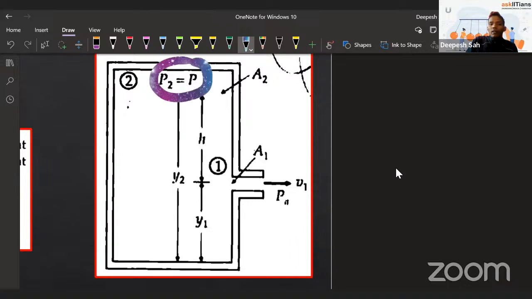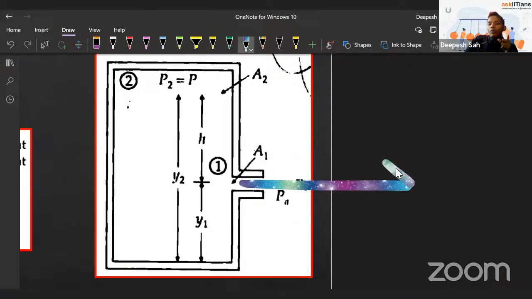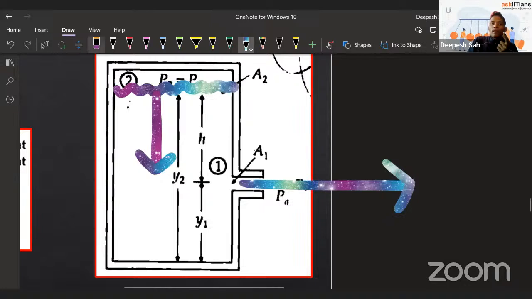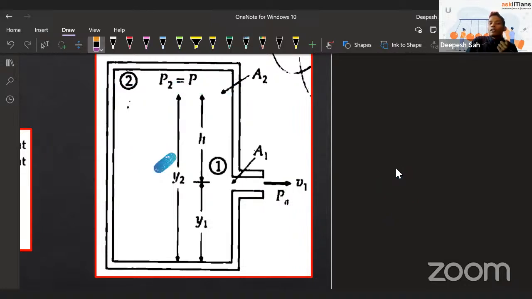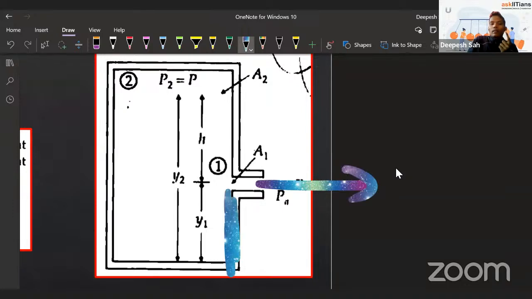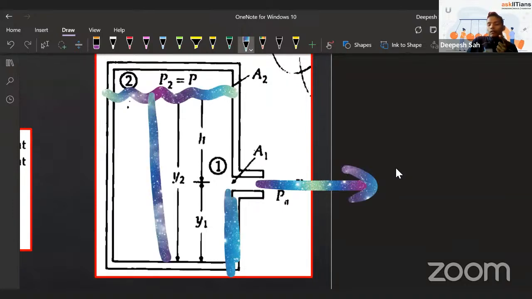Pressure is the first thing. Second, the liquid will go out from here, and the liquid over here will also fall down. That is the kinetic energy. And the third thing is the potential energy. This liquid is at a certain height, and this liquid is at a certain height. So that is the potential energy. Are you understanding my point? The three things: pressure energy, kinetic energy, and potential energy. Yes, sir.